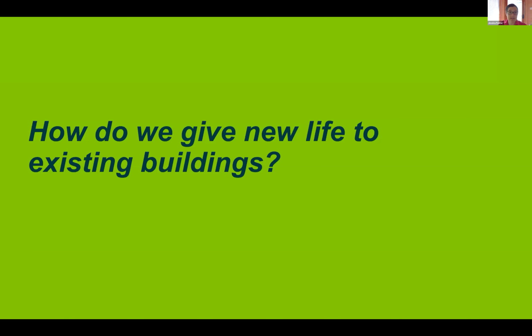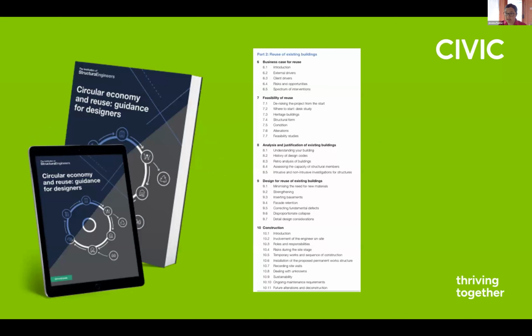So there's no tool as such, but there are some great references and materials that will support those engineering decisions that you need to make. And the key one I'm going to talk about is this one, which is the iStruct Guide, Circular Economy and Reuse Guidance for Designers.